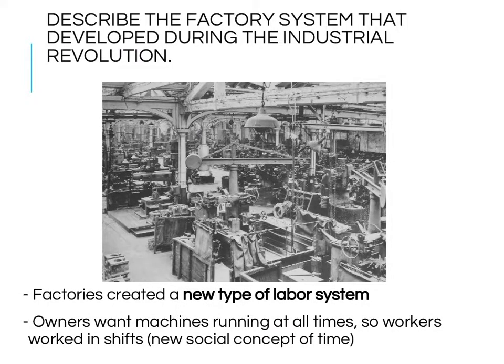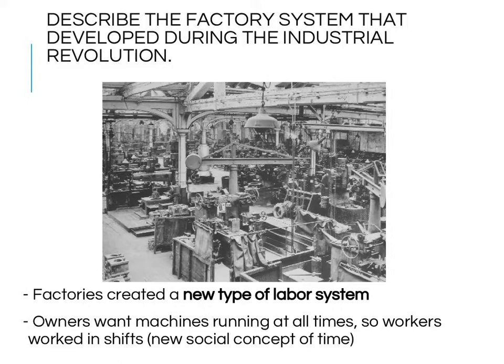So the factory system is what developed with industrialization. Factories developed a whole new type of labor system. Owners wanted machines running at all times, and workers often worked in shifts, sometimes even around the clock, especially as electricity was developed.